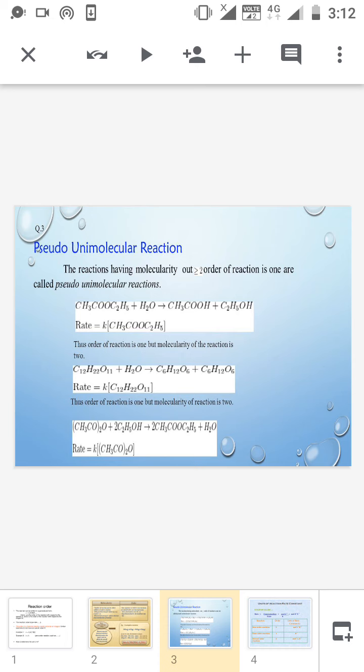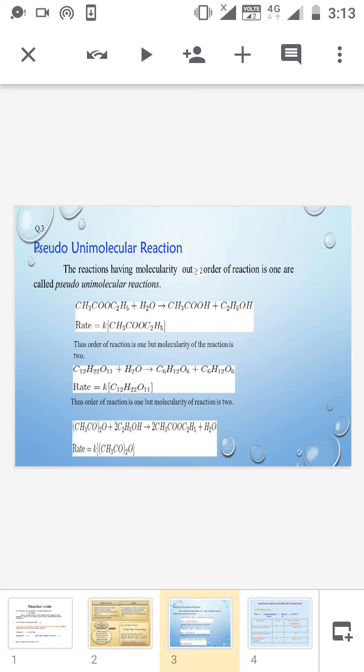This is mainly because in ester hydrolysis, if you use an excess quantity of water, we cannot consider the concentration of the water. That's why the rate of a reaction only depends upon the concentration of the ester, and why it is known as a pseudo unimolecular reaction. See here, the rate is equal to K into concentration of the ester.